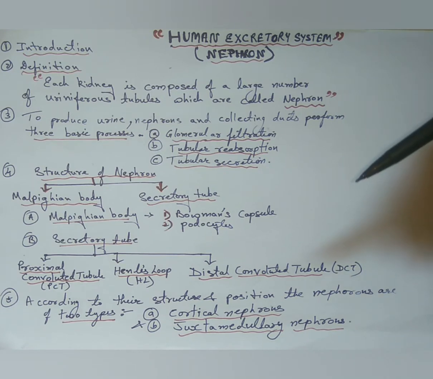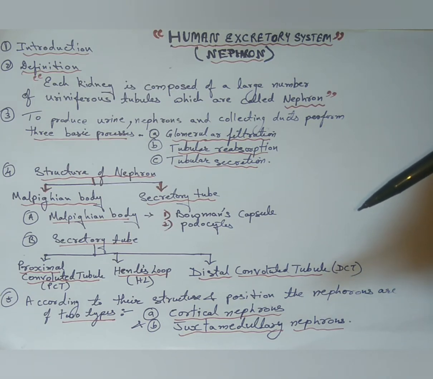To produce urine, nephrons and collecting ducts perform three basic processes: glomerular filtration, tubular reabsorption, and tubular secretion. Glomerular filtration is the first step of urine production. Water and most solutes in blood plasma move across the wall of glomerular capillaries into the glomerular capsule and then into the renal tubule.